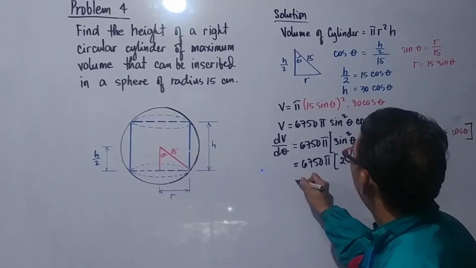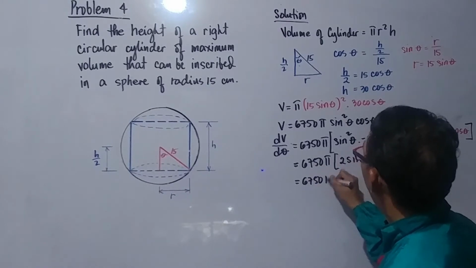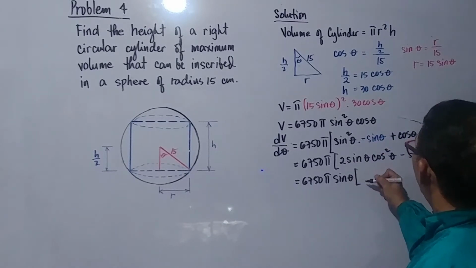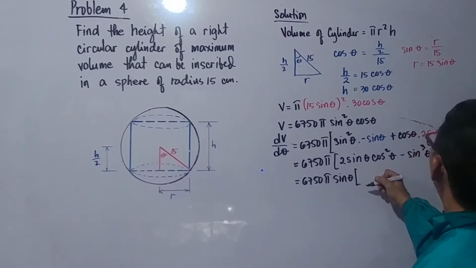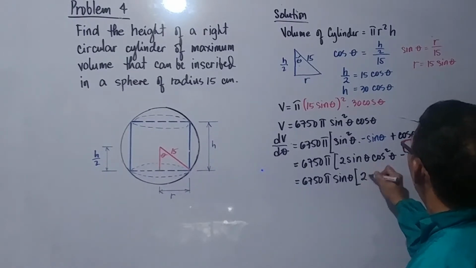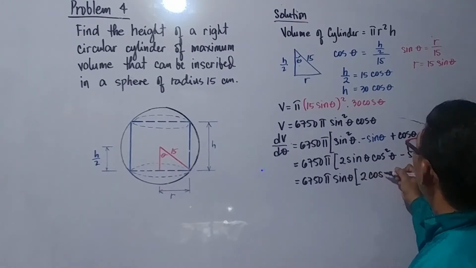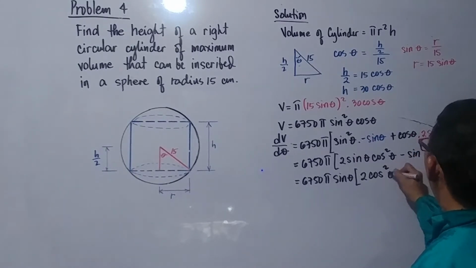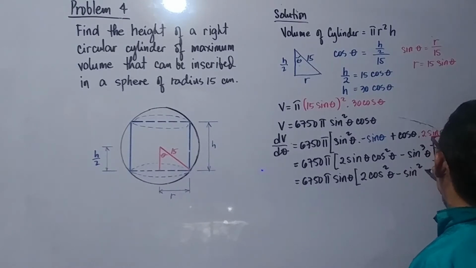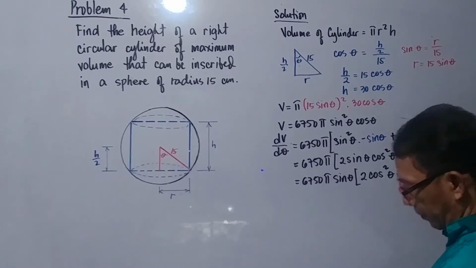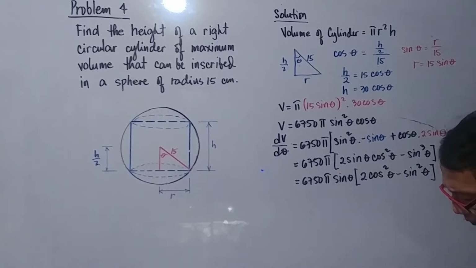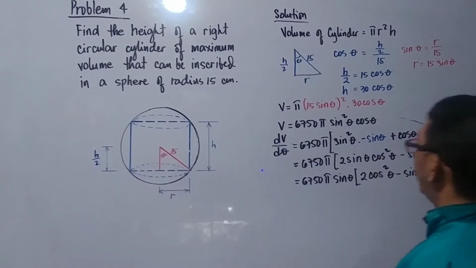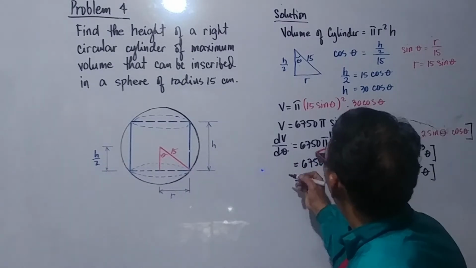So we have now 6750 pi sine theta times 2 cosine squared theta minus sine squared theta. This is our dV over d theta.